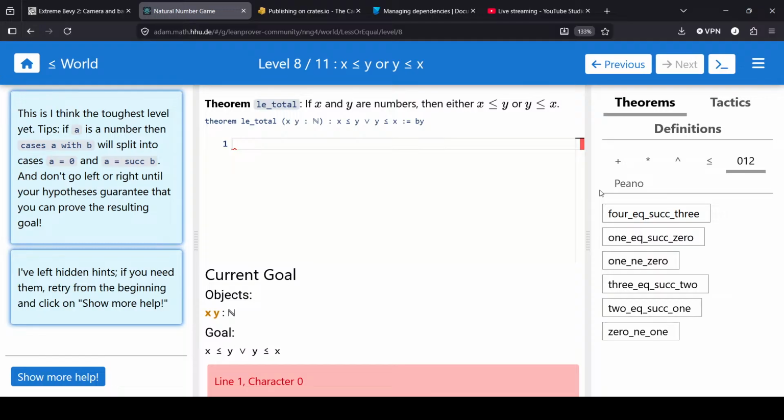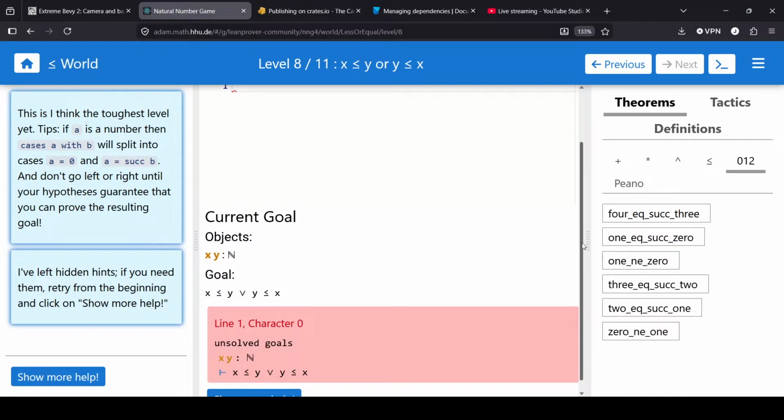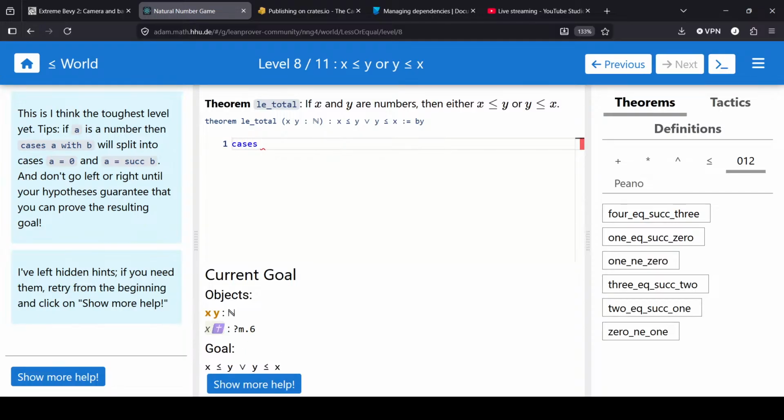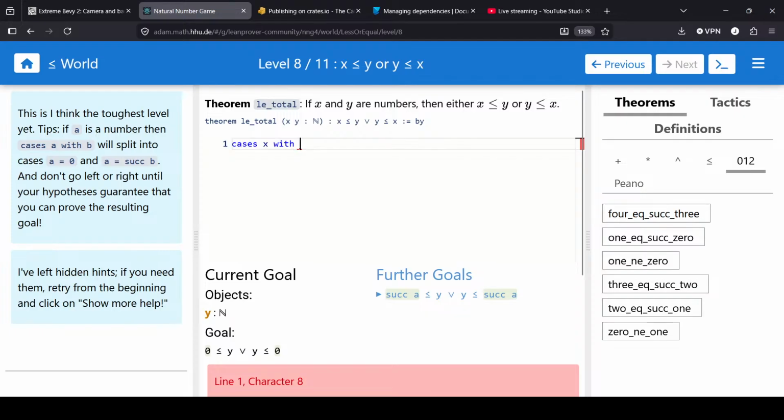But then what do I do? What am I supposed to do? I mean, it's clear that I need to do this. Like, they're telling me to do something like this.